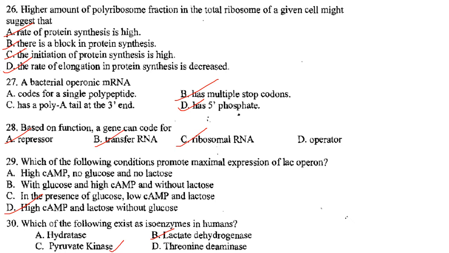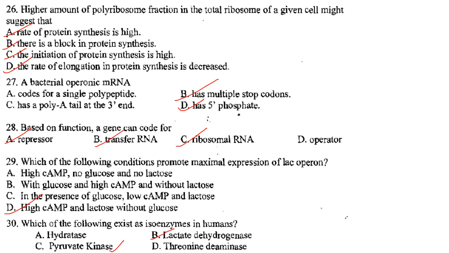Okay, then next one. Higher amount of polyribosome fraction in the total ribosome of a given cell might suggest that rate of protein synthesis is high. That is correct. There is a block in protein synthesis. Yes, that is also correct. Then the initiation of protein synthesis is high.